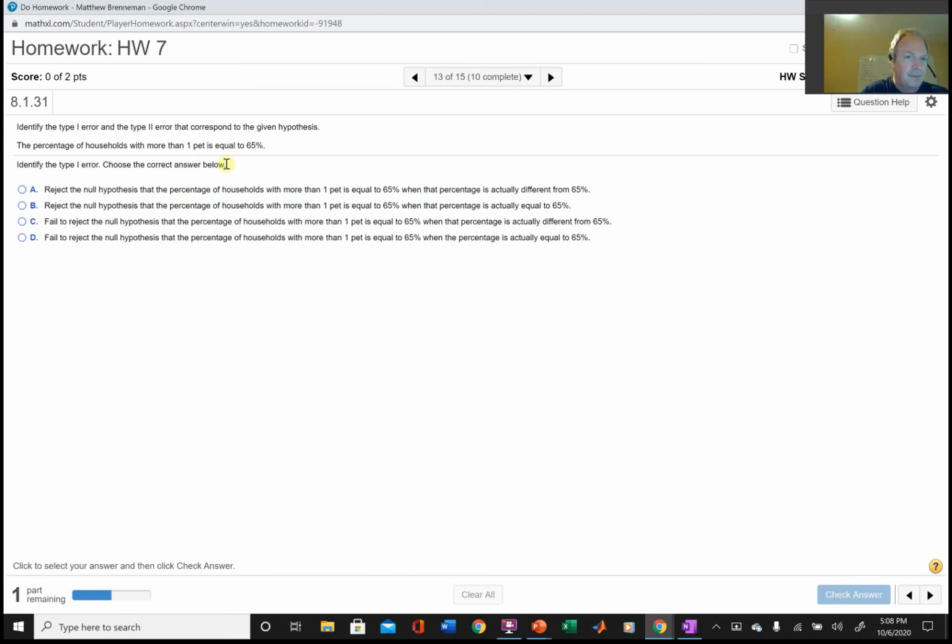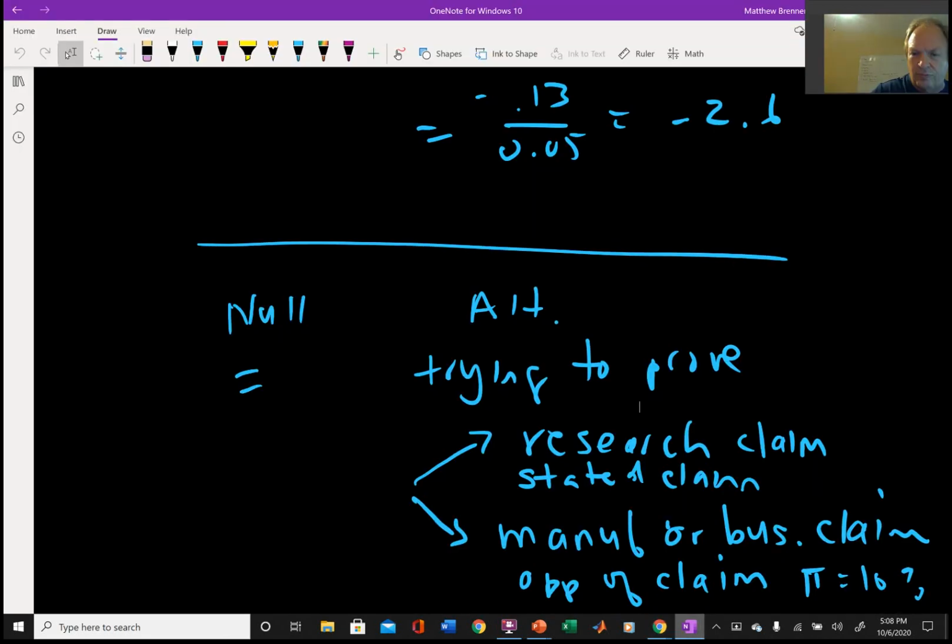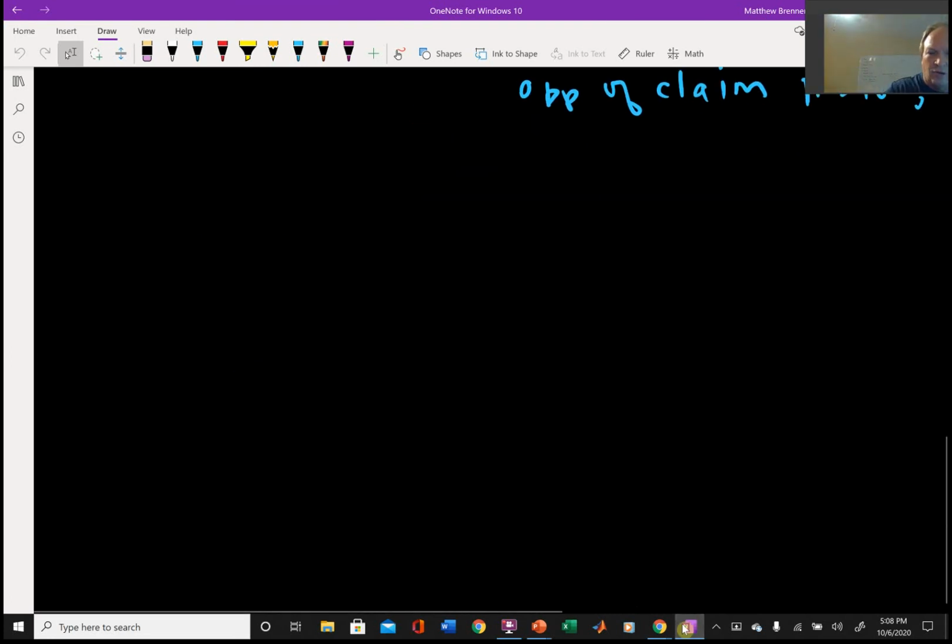Okay. Type 1 and type 2 errors, okay? So we have to think a little about the hypotheses, okay? The percentage of household pets with more than one pet is equal to 65%. Okay, so this is the null, okay? So a type 1 error, if we think about the different ways that we can make an error, okay?